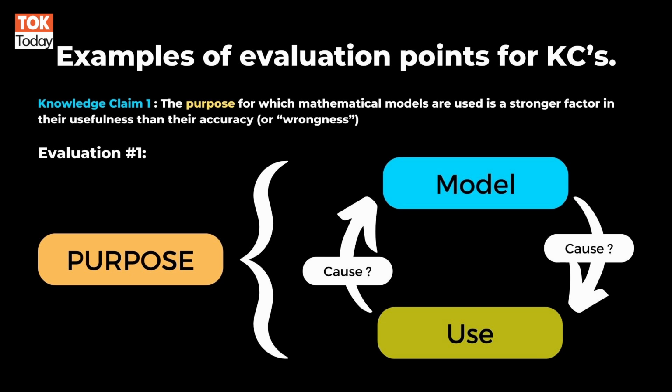We need to consider whether knowledge, in this case a model, is intentionally produced for the purpose for which it is now being used. And if it is, then we can consider whether use or function is the cause of the production of knowledge.